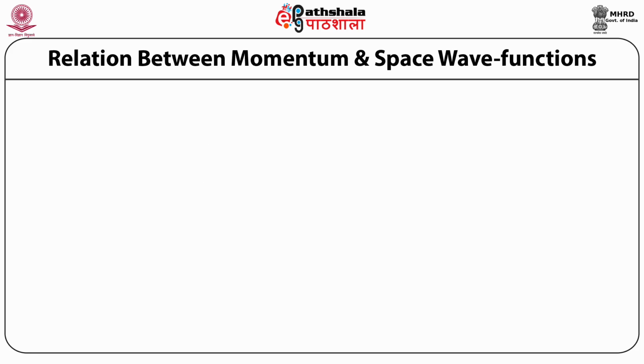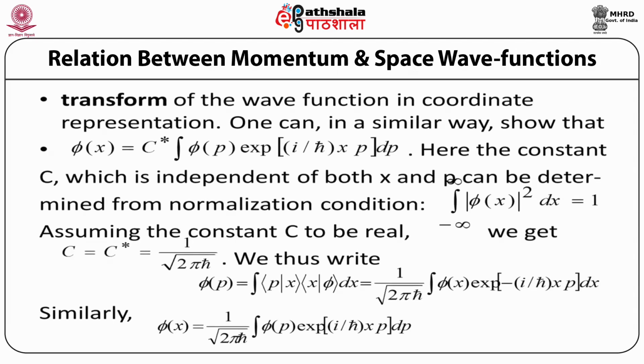The wave function in momentum space, as defined above, is the Fourier transform of the wave function in coordinate representation. One can, in a similar way, show that phi(x), that is the wave function in coordinate representation, is equal to c* integration over dp phi(p) exponential to the power i/h-cross xp, where c* is the complex conjugate of the constant of integration c.